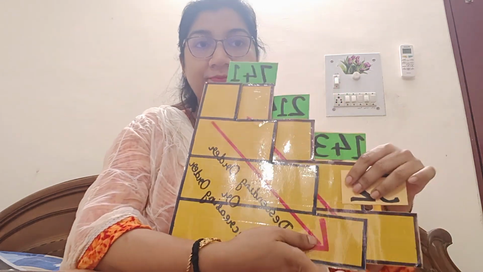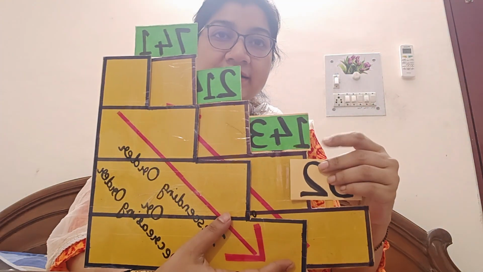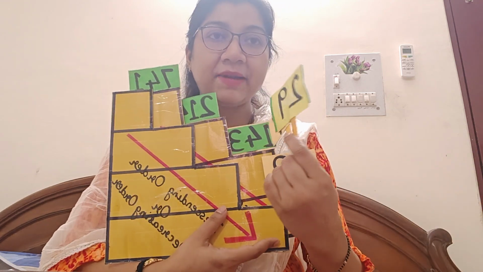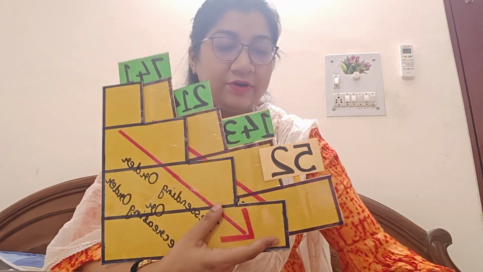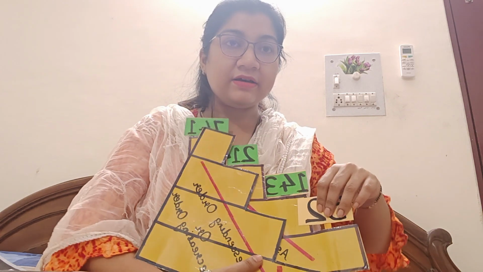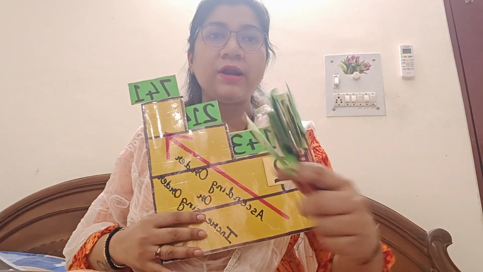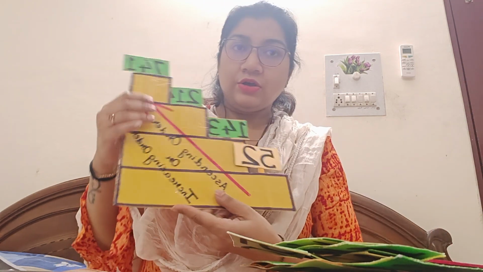Along with this, we have ascending order and descending order. These are pocket charts, and as I have shown you, I have made these placards of numbers. I will place 3 or 4 numbers here.